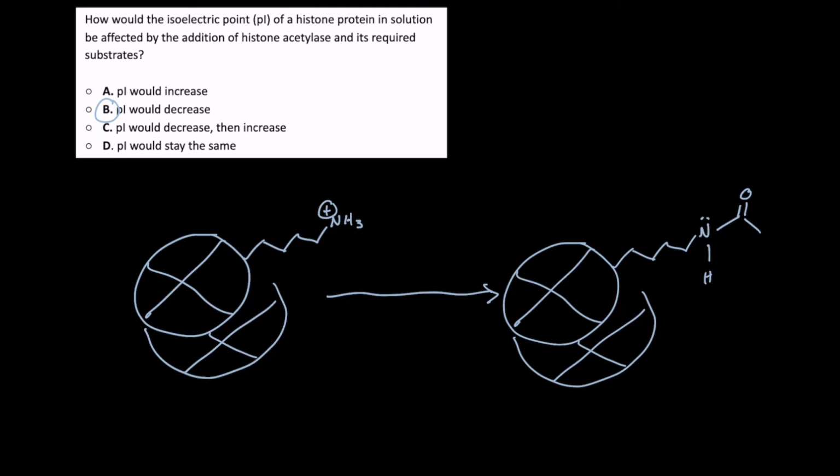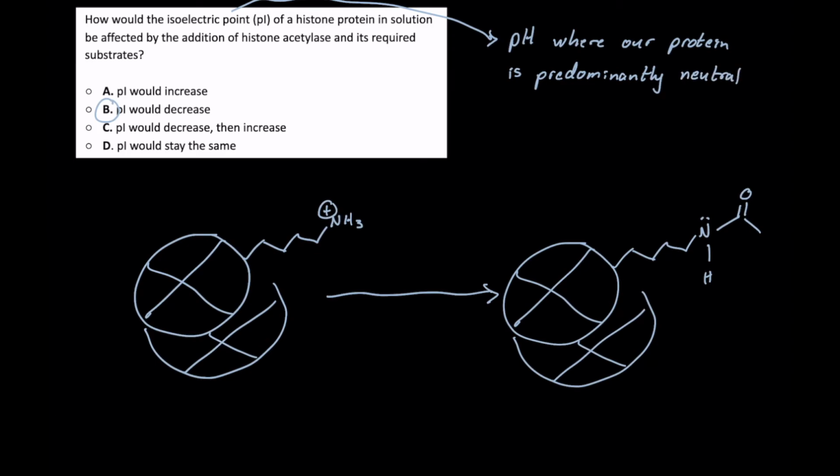Therefore, our isoelectric point, or pI, which again we should know as kind of our pH where our molecule of interest, in this case a protein, is predominantly neutral, or the greatest concentration of our protein will be neutral.